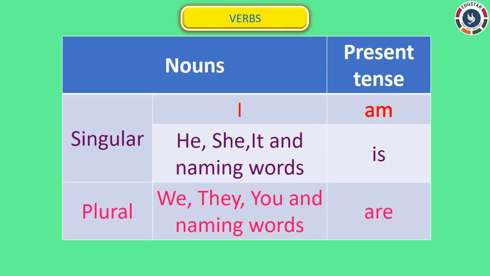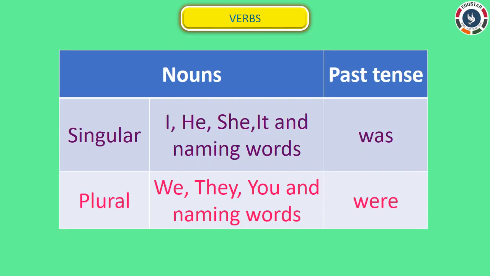Let us see the tabular column and recollect the previous videos. In the present tense, am is used with I only. Is is used with singular nouns or pronouns. Are is used with plural nouns or pronouns. In the past tense, was is used with singular nouns or pronouns, and were is used with plural nouns or pronouns.